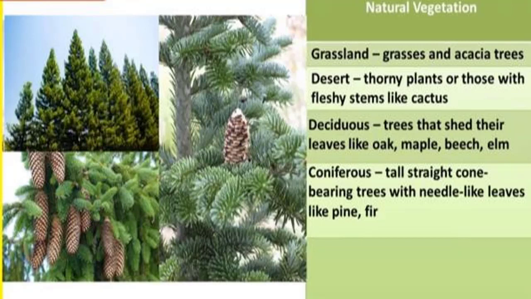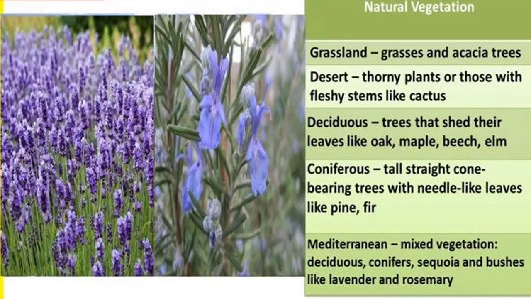Coniferous: tall, straight, cone-bearing trees with needle-like leaves like pine, fir. Mediterranean: mixed vegetation, deciduous, conifers, sequoia, and bushes like lavender and rosemary.